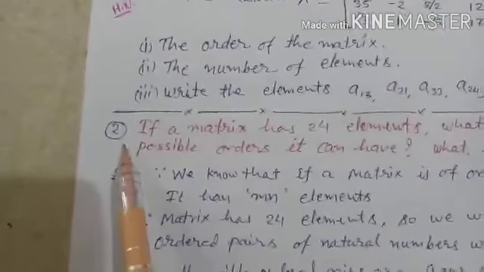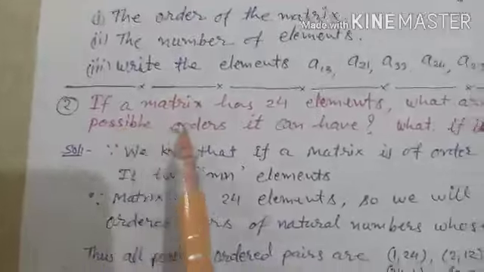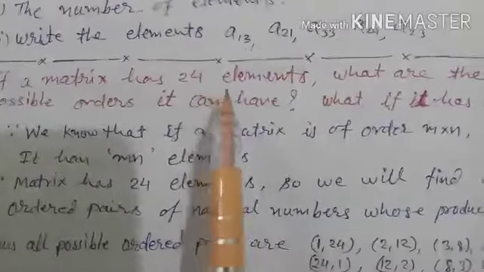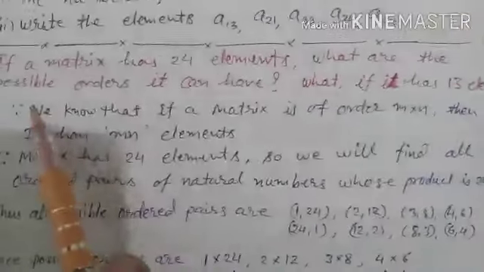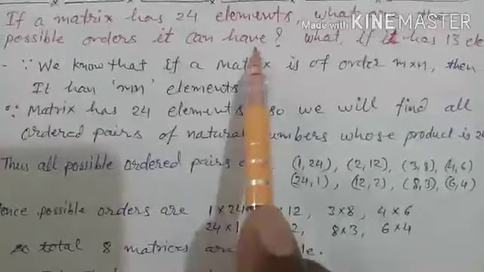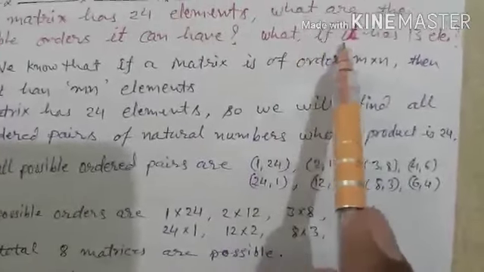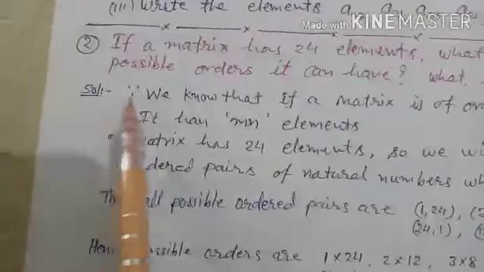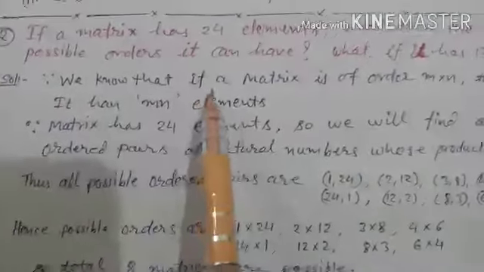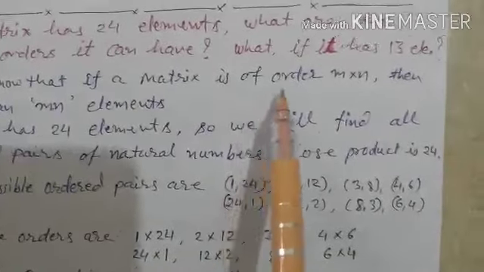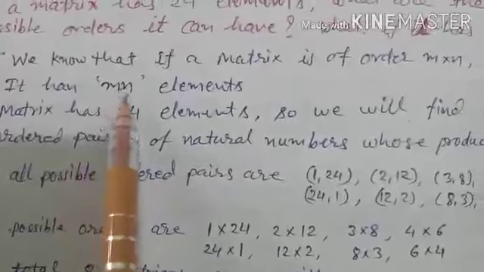Now question number second. If a matrix has 24 elements, then what are the possible orders it can have? What if it has 13 elements? Solution. Since we know that if a matrix is of the order m cross n, then it has m into n elements.